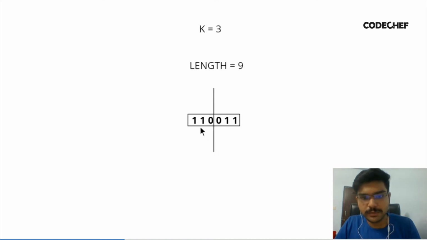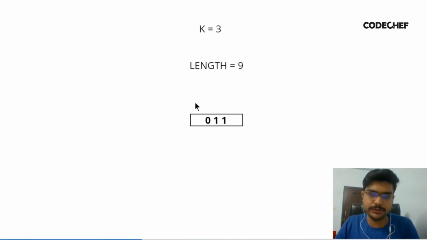So it is forming a mirror image from this part of length k equals 3 to the next part, right? So again we'll select the prefix of length k and then we'll remove it after replacing the values, right? So we are left over with this part, and hence we are sure that the string is k-folded.